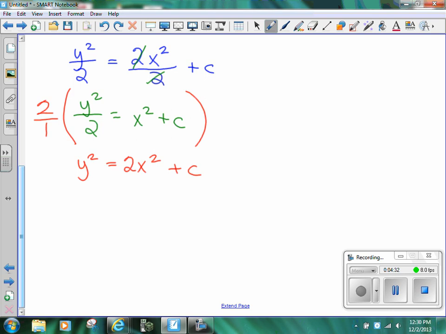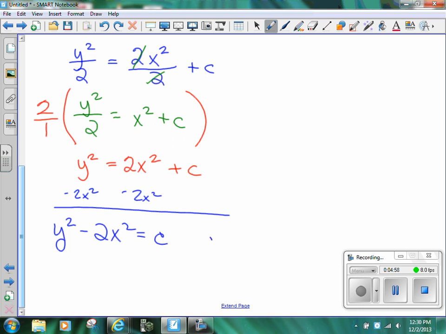I want to set this equal to c, folks. So what am I going to do? I'm going to take 2x squared away from both sides, and it's going to leave me with y squared minus 2x squared equals c.